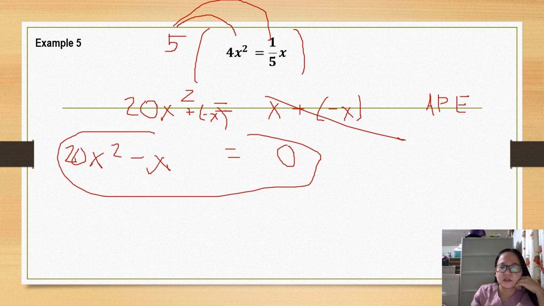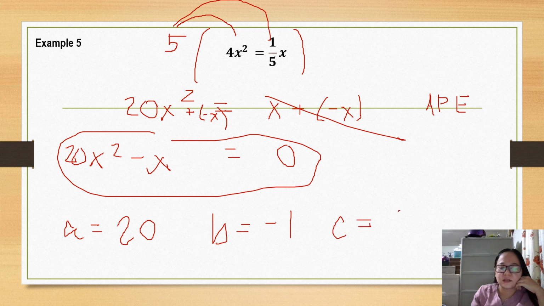Now our equation is expressed in standard form. A is equal to 20, B is equal to negative 1, and C is equal to 0 since there is no constant term.